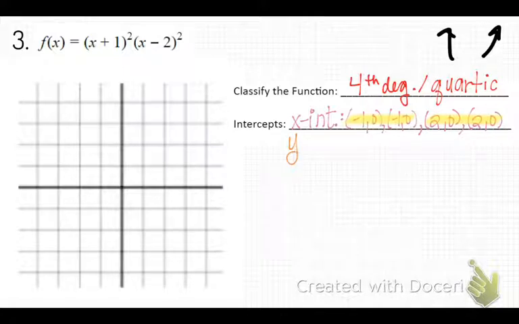So for my y-intercept, is it 0, 0 this time? No. How do I find it? We did it yesterday. Multiply. Look at your notes from yesterday. What do you mean by the x's?